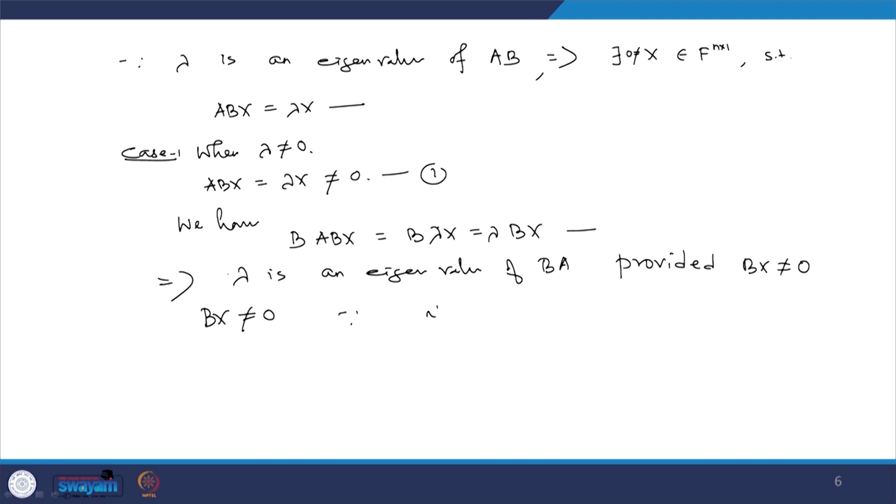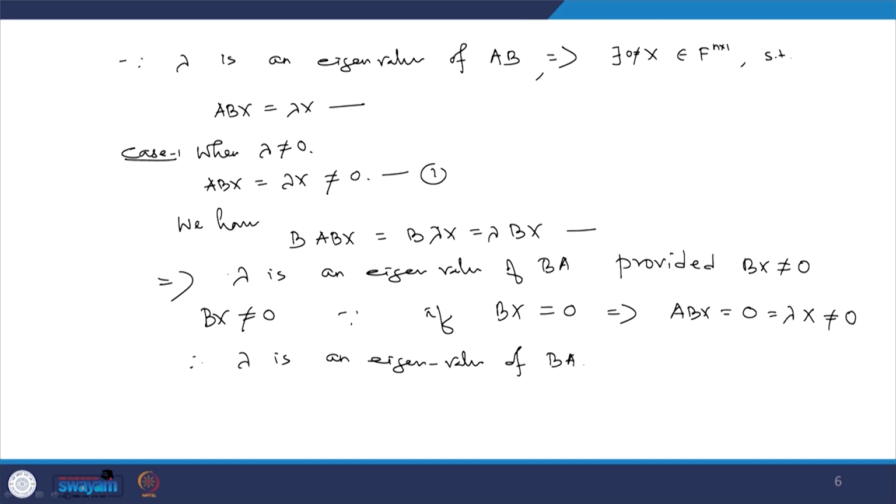Since if BX equal to 0, this implies ABX equal to 0 equal to lambda X, which is not equal to 0, which contradicts lambda X not equal to 0. So BX is not equal to 0, and lambda is an eigenvalue of BA. So if lambda is an eigenvalue of AB, then it is also an eigenvalue of BA.